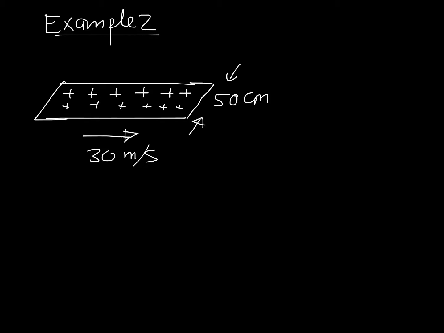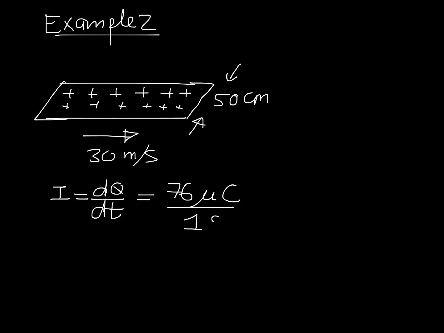The belt carries charge into the sphere at a rate of dq by dt, the rate of change of charge, which is 76 microamperes. So it means 76 microcoulomb per 1 second. A. Compute the surface charge density. So let's think about this problem.